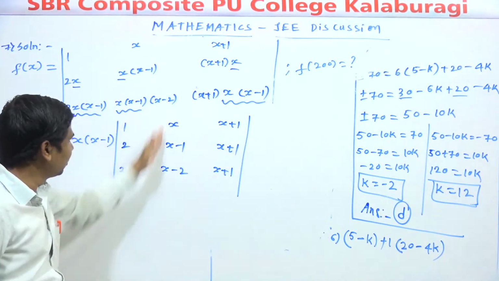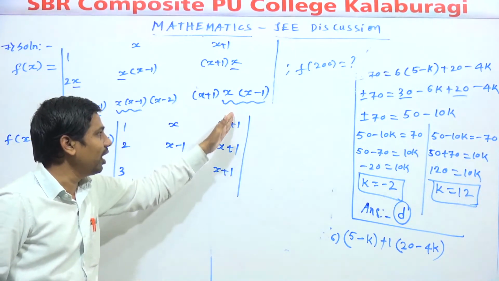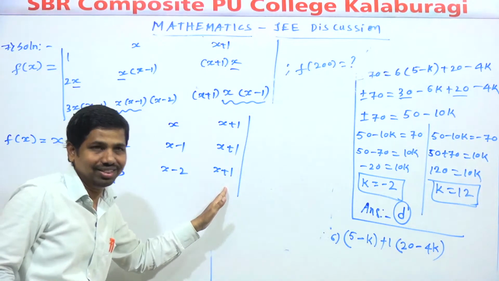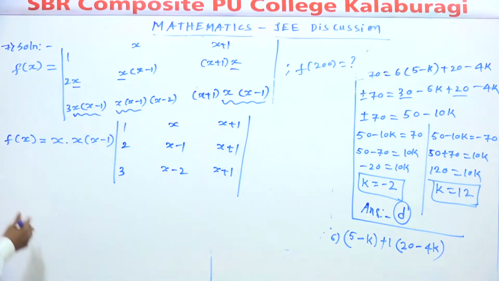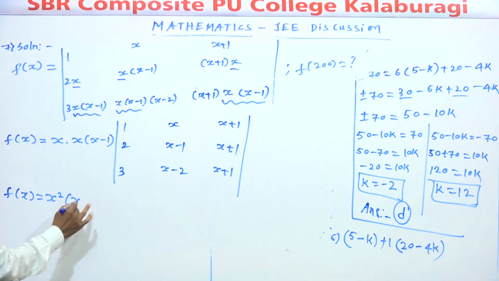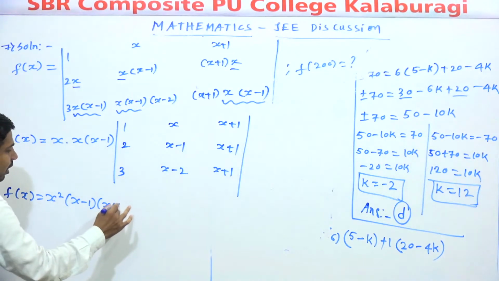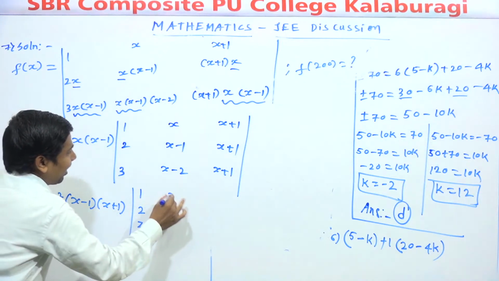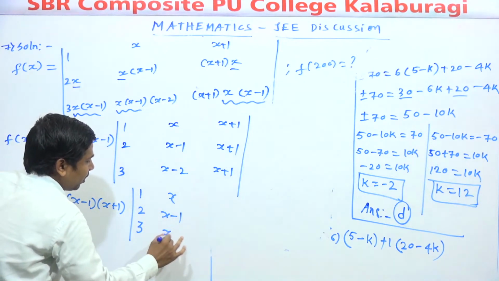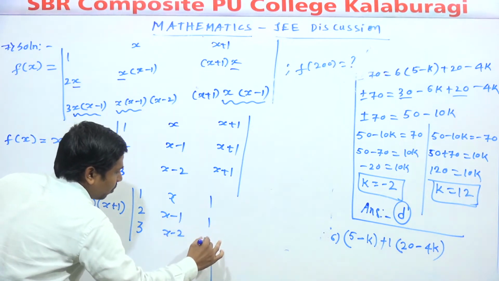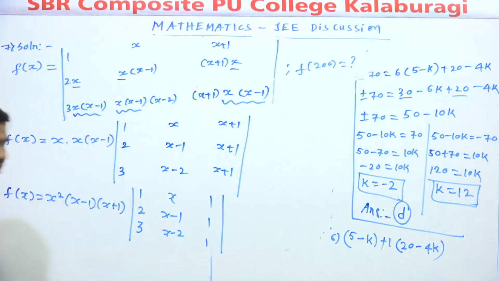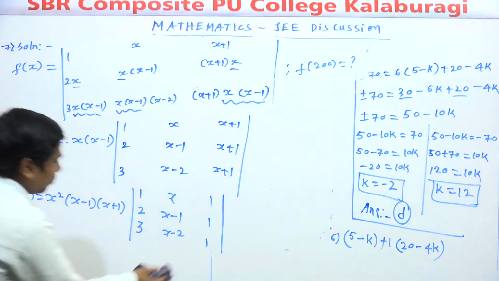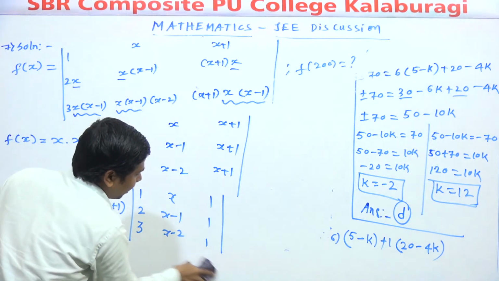This is C1, C2, C3. Taking x plus 1 common from C3, f of x equals x square into x minus 1 into x plus 1 times the determinant 1, 2, 3, x minus 1, x minus 2, and 1, 1, 1 left out. So we converted it into simplest form by taking common terms.